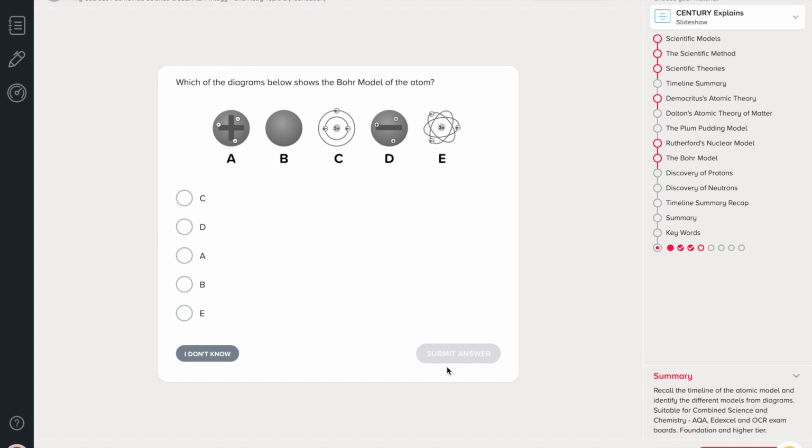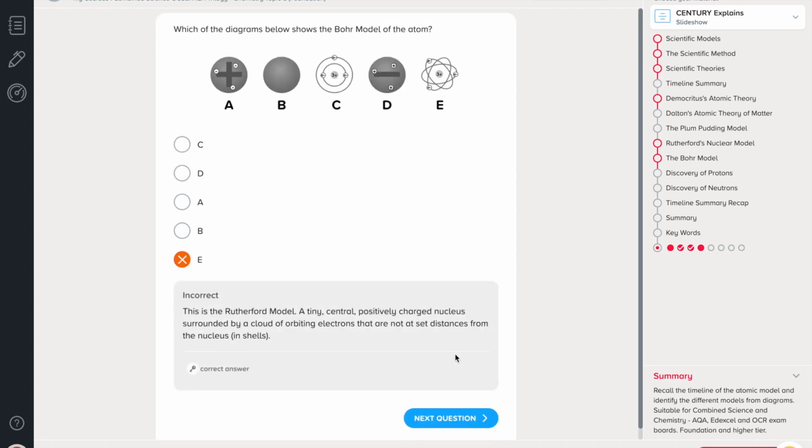Okay, so I am going to get this one wrong, just to show you what happens when you do get a question wrong. So this one that I went for is actually the Rutherford model, so it can be confusing to tell them apart. The electrons are not at set distances from the nucleus in shells in the Rutherford model.